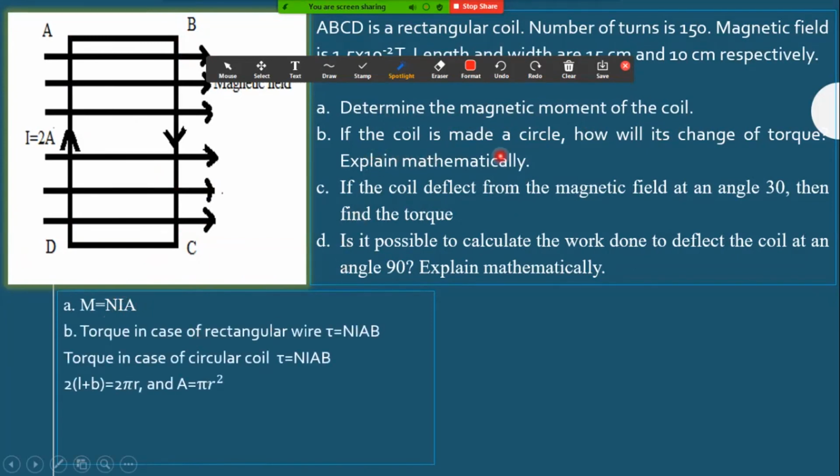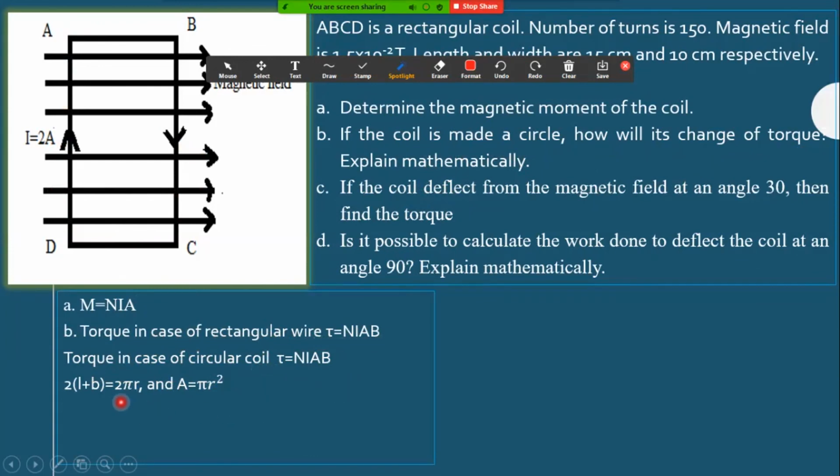Number B, if the coil is made a circle, how will its torque change? Explain mathematically. At first we have to find out the torque for this rectangular loop. Then we have to find out the torque for this circular coil. For the rectangular wire, we know tau is equal to NIAB, but for the circular coil, we have to find out the area.